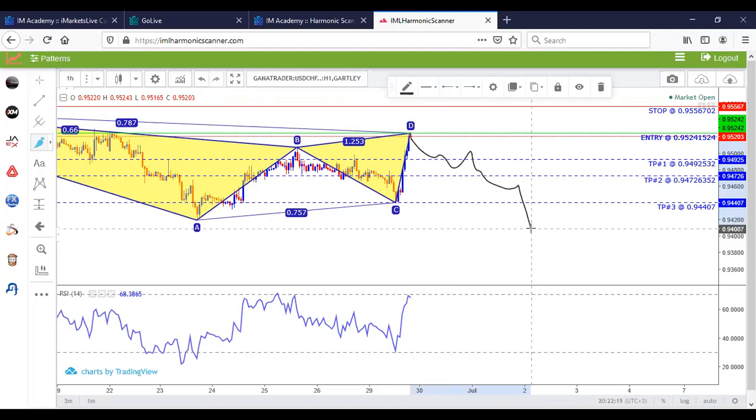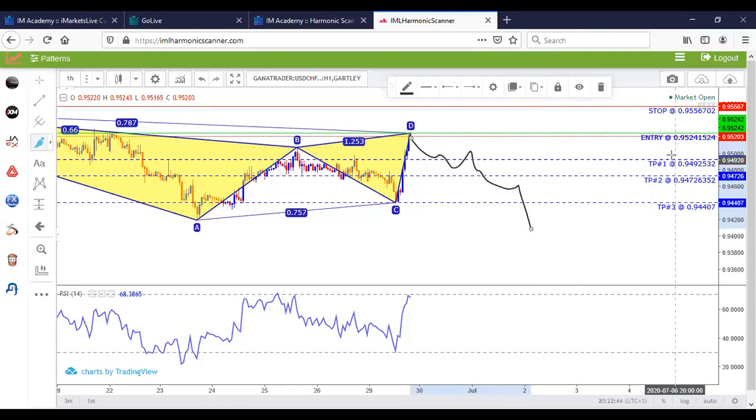So if the market is to move downwards, then it means that this is a sell. So you're going to move to your MT4 after all the confirmations and make a sell. Now your entry point should be as close to this as possible, after you've confirmed with all the parameters.